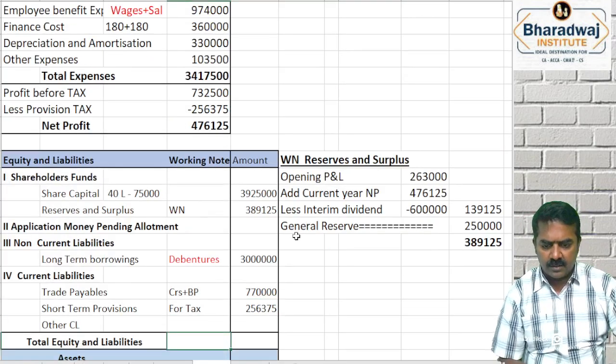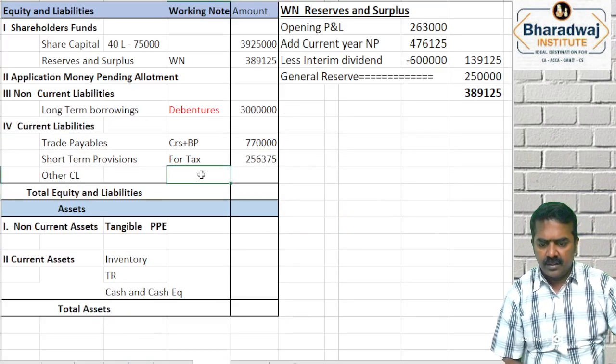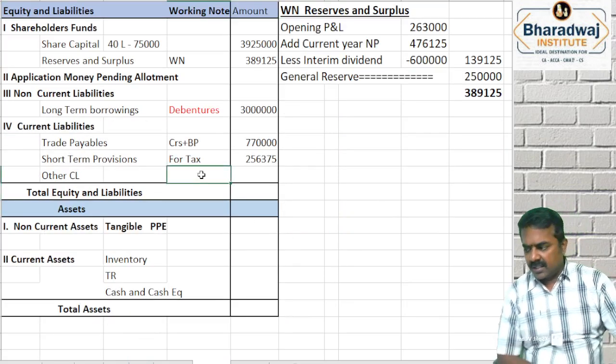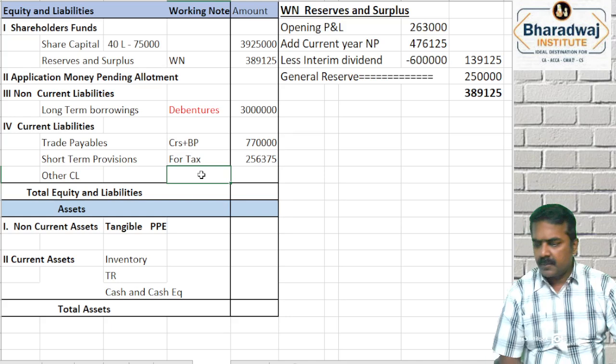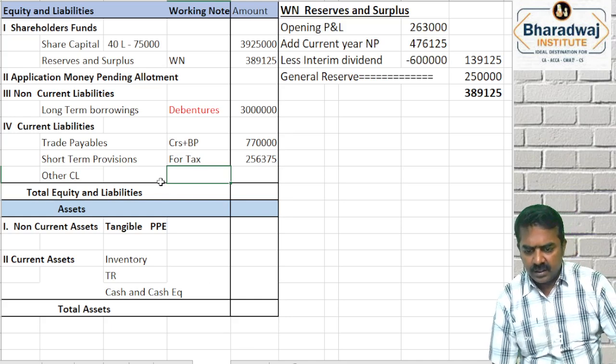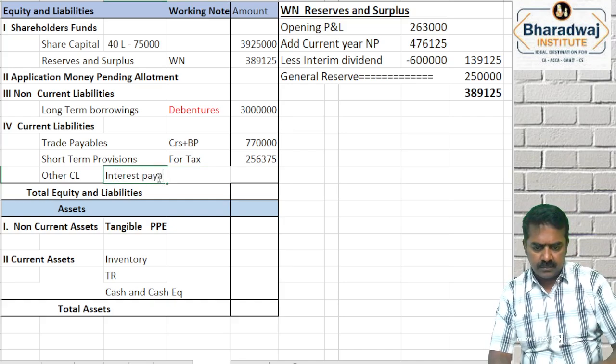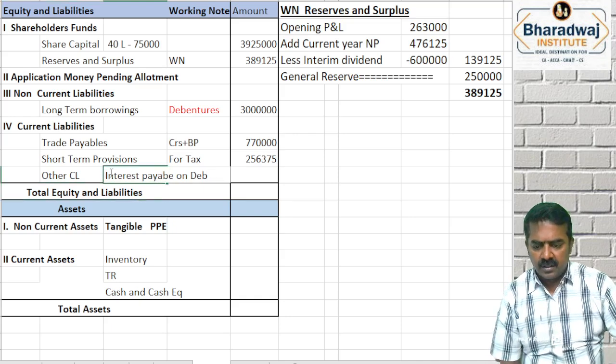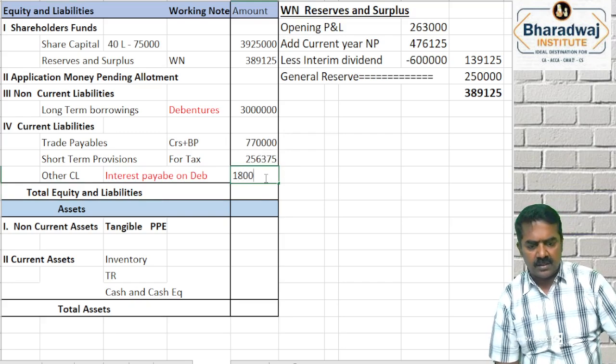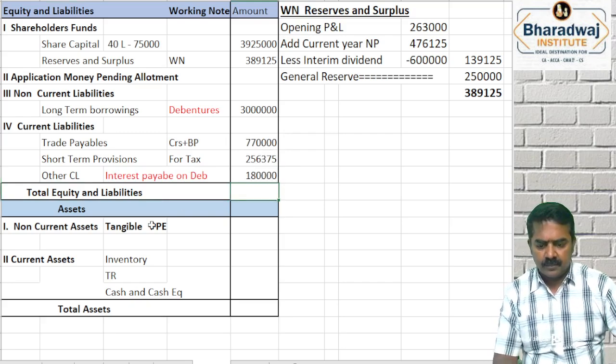This amount will come. Then other current liabilities, that is interest on debentures. We have paid only 6 months, so the remaining interest payable on debentures will come as other current liability. Property, plant and equipment, what will come?